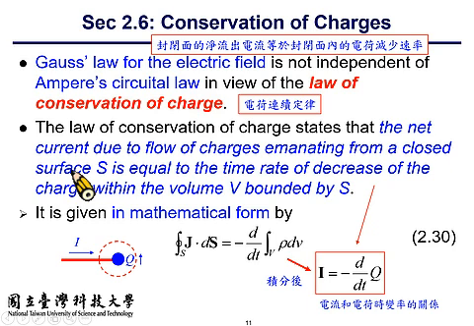Now, because there is more and more Q within this space, you have a time derivative of D. And this time derivative of D is the displacement current, and that will continue this current loop to the other end, all right?